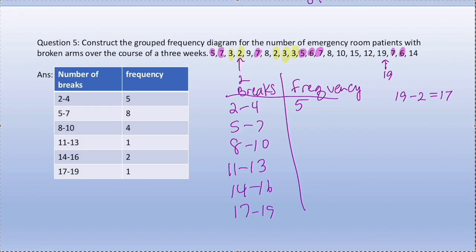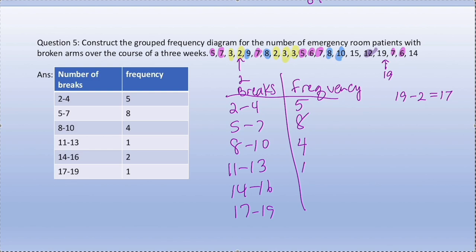Let's write that down. Now we are looking between 8 and 10. So 1, 2, 3, 4. 4 of those are 8, 9, or 10. Now we need to check 11, 12, and 13. There's only one of those, just 12.